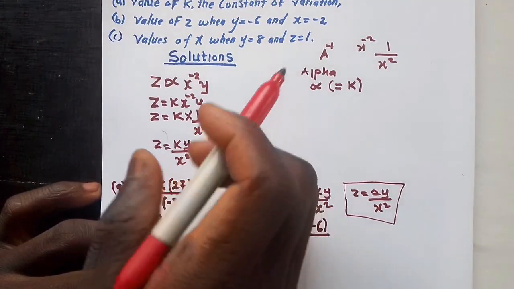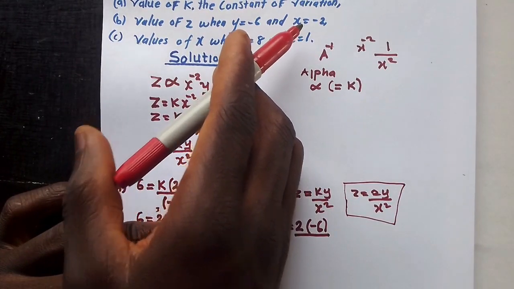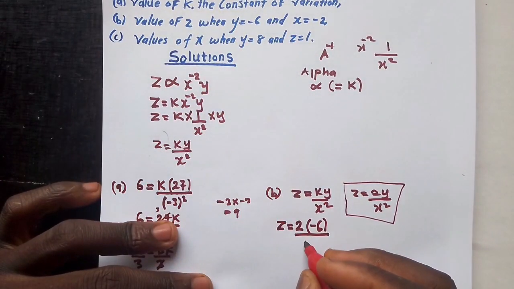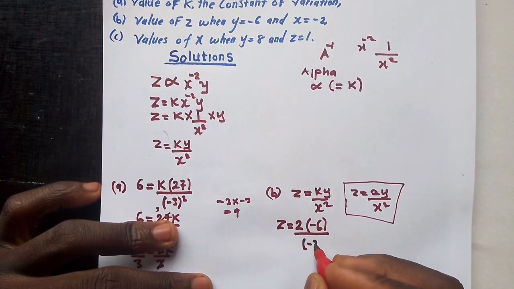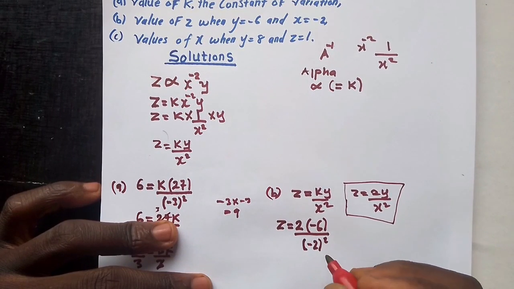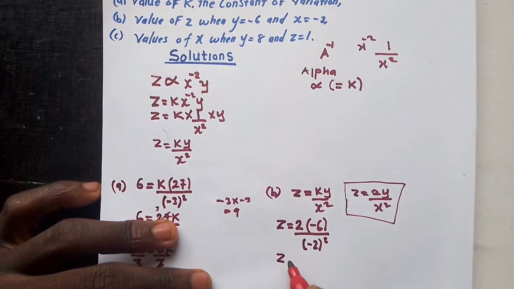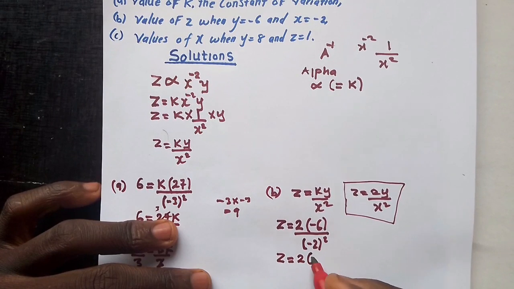Over the value of x, which is negative 2. Even on this part, you need to introduce the open bracket and the close bracket. So z is equal to 2, open bracket, negative 6, close.